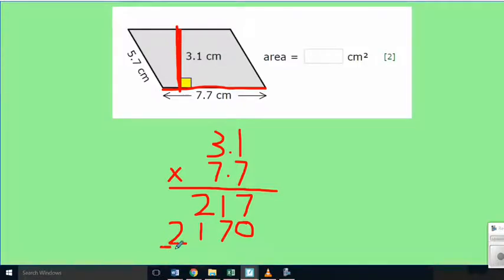Might just have enough room here to squeeze it on. Add them up. 7 add 0 is 7. 1 add 7 is 8. 2 add 1 is 3. And then you've got your 2.